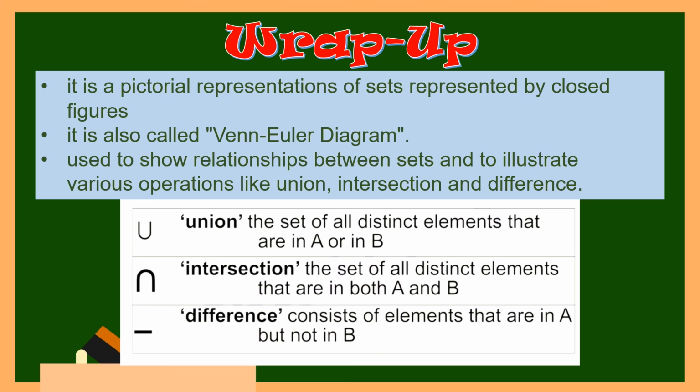Then, this is the symbol for union. When we say union, the set of all distinct elements that are in set A or in set B. So, remember our key term, the word or. Then, this is our symbol for intersection, means the set of all distinct elements that are in both A and in B, or simply their common elements. And simply, last for difference, this is our symbol. It consists of elements that are in A but not in B.